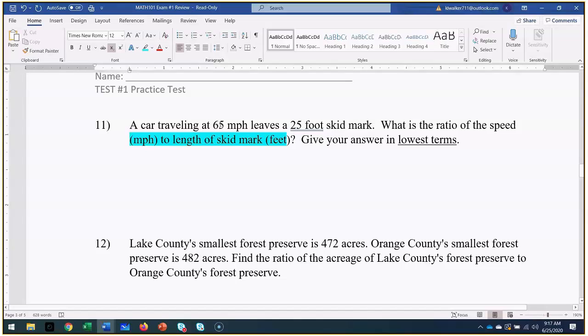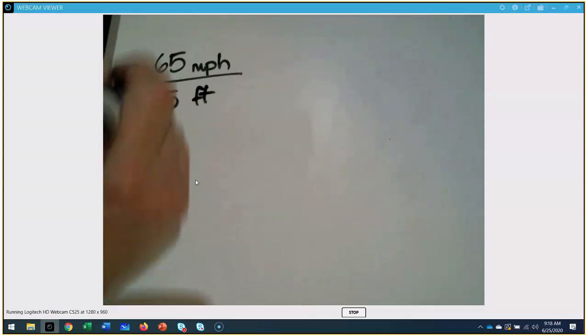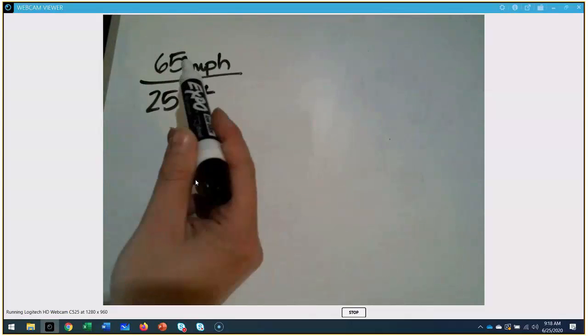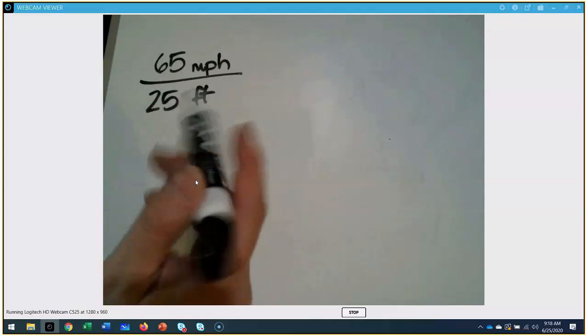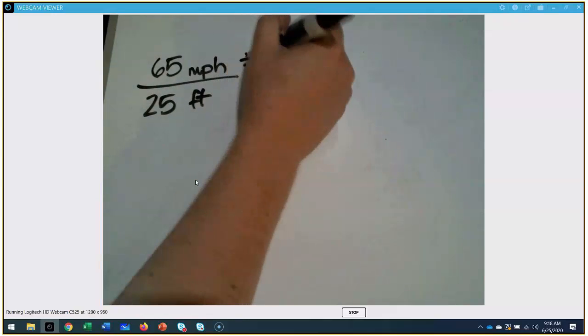Speed comes first, so it's going to be 65 miles per hour divided by 25 feet. Okay, and this is it. They just want lowest terms, so I don't need to divide it all the way through. I just need to simplify. This is both divisible by 5.